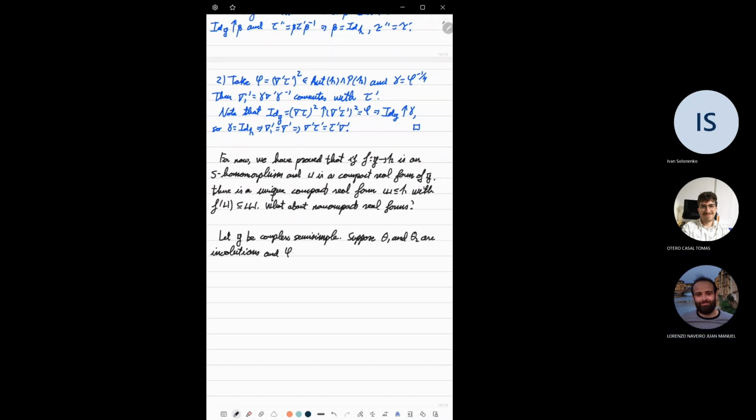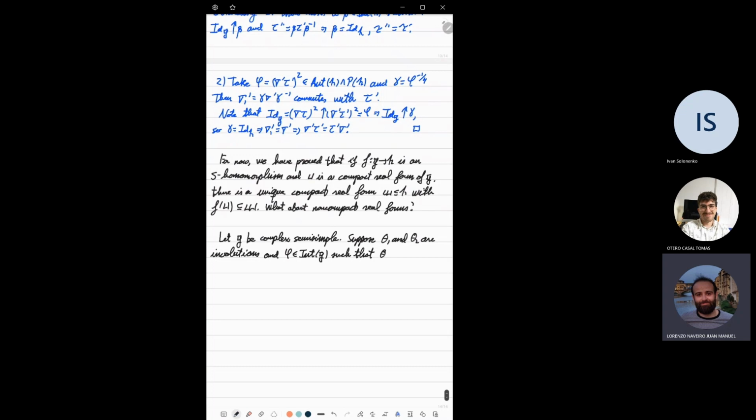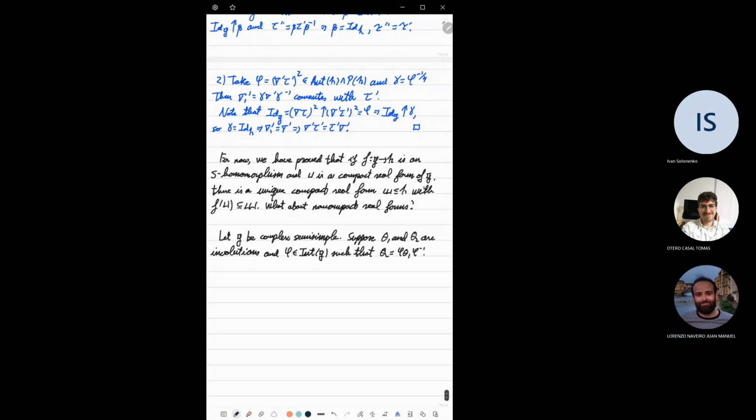And phi is an inner automorphism such that theta 2 is equal to phi theta 1 phi minus 1. Then, if we consider the quotient, the cosets determined by theta 1 and theta 2 are the same.